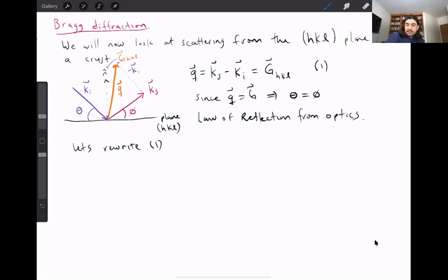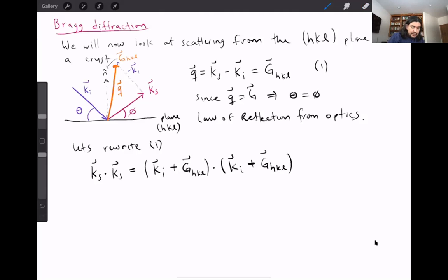Now let me do some algebra. Actually, let me write Ks dotted with Ks. From 1, I have that is Ki plus G HKL, and then I'm dotting it with itself, right? So vector Ki plus the G vector.